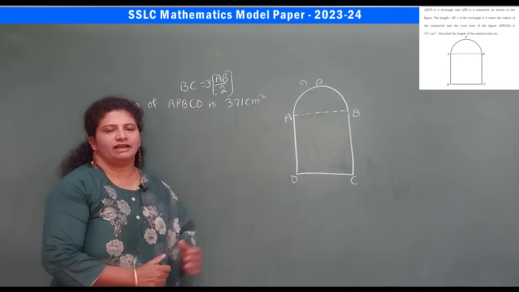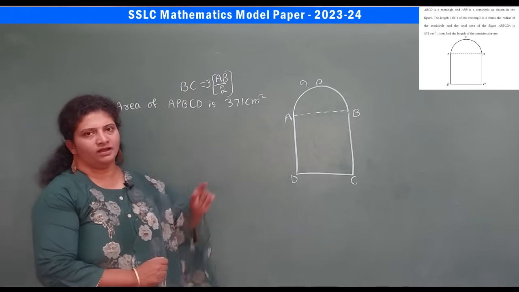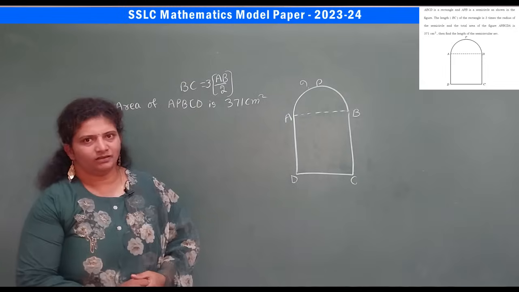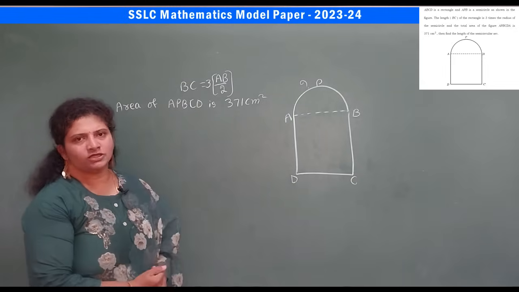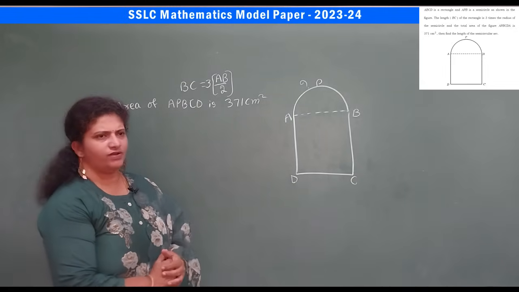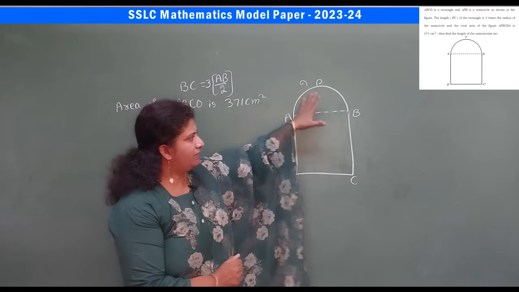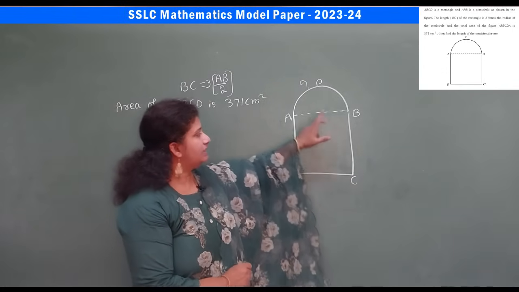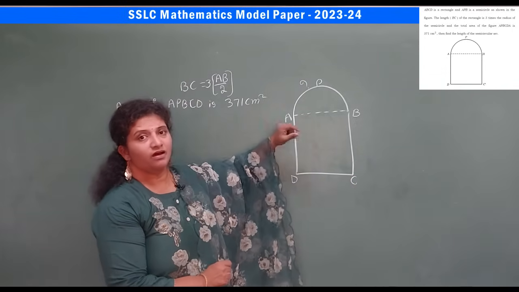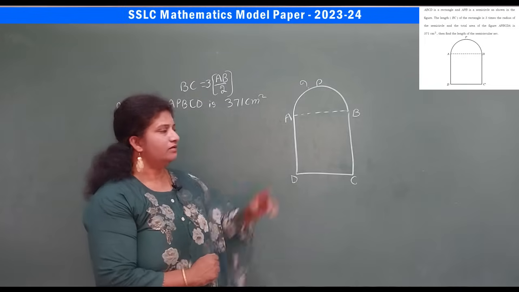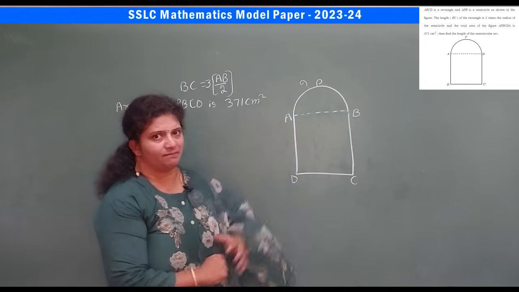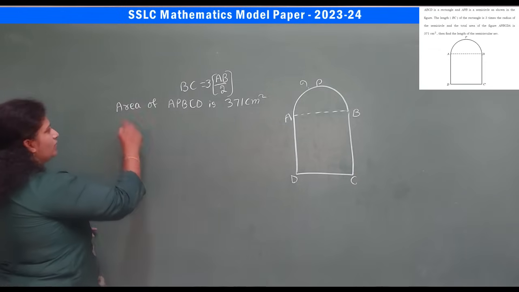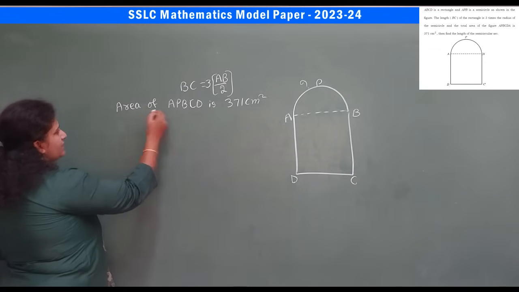We need to find the length of the semicircular arc, that means APB length we need to calculate. How can we solve this problem? Observe the figure carefully. Complete figure area is given, and length is 3 times the radius of the semicircle. That hint is enough. So first let me go with this one, that is area.